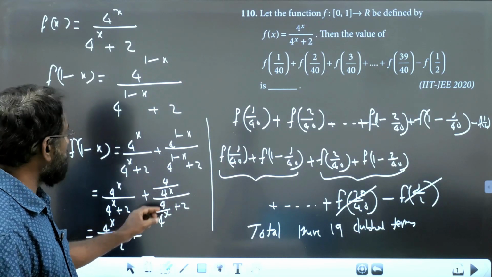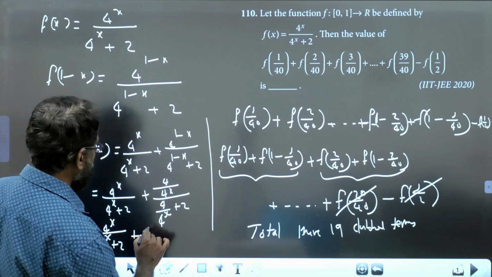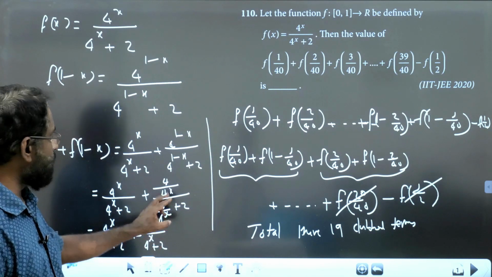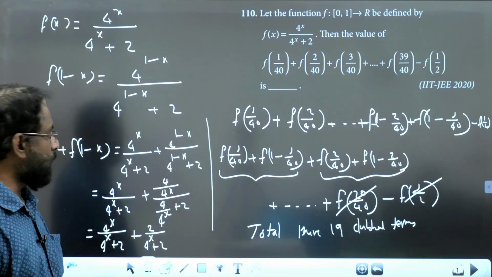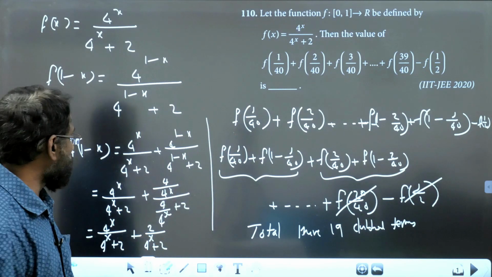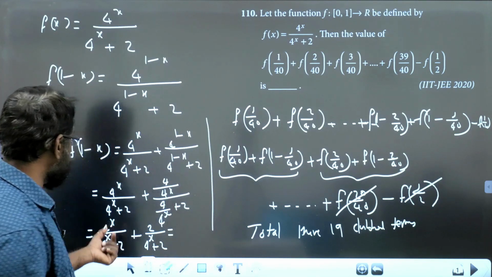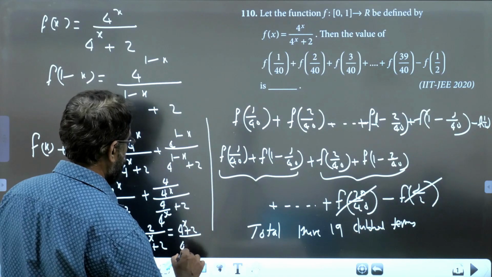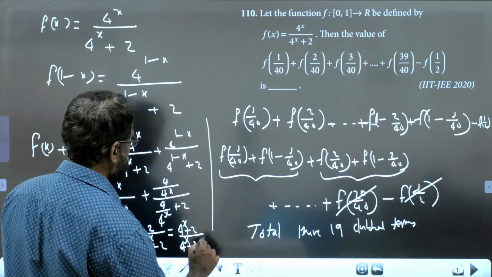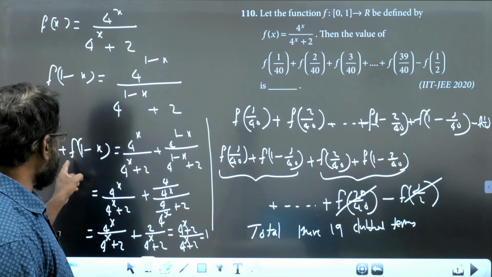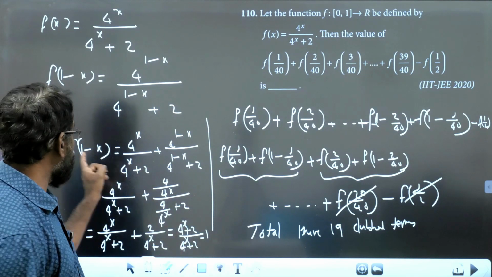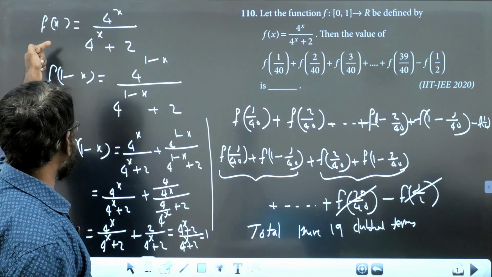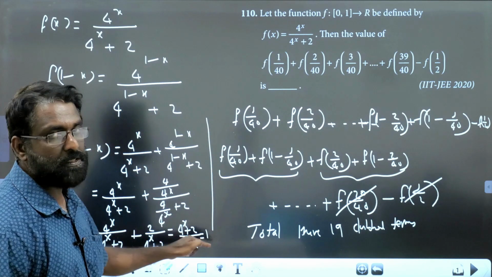After simplifying this term, we get 2 / (4^x + 2); you just take the LCM and multiply with the reciprocal. The denominator is the same, so we get (4^x + 2) / (4^x + 2), which is equal to 1. From the given function, f(x) + f(1 - x) = 1.